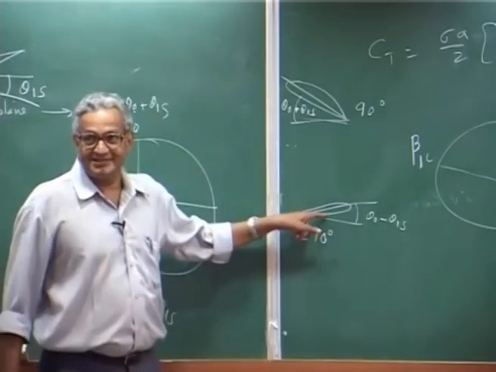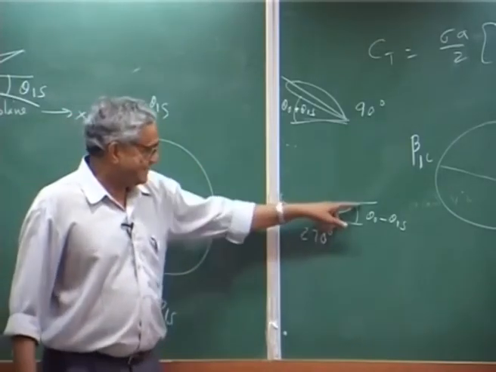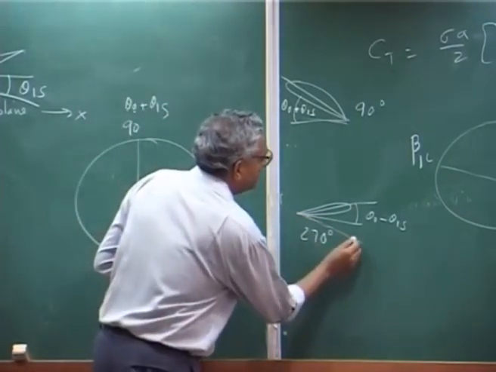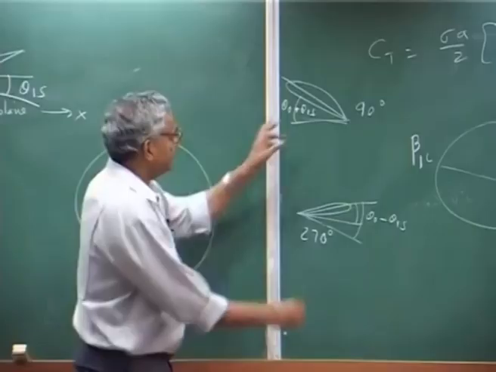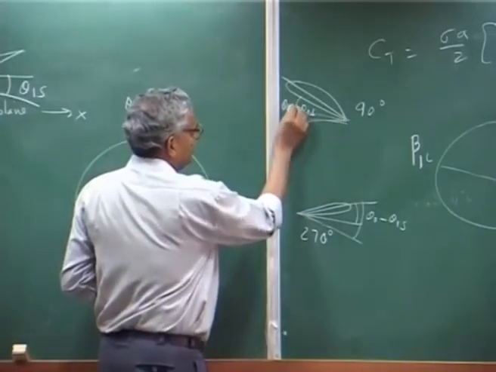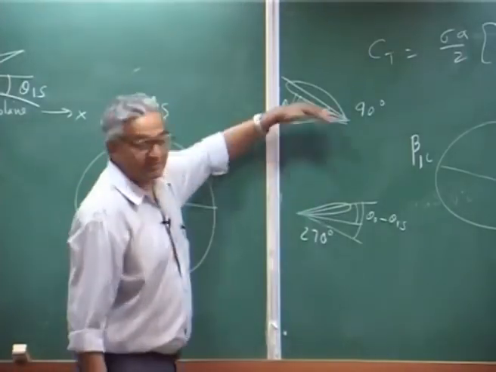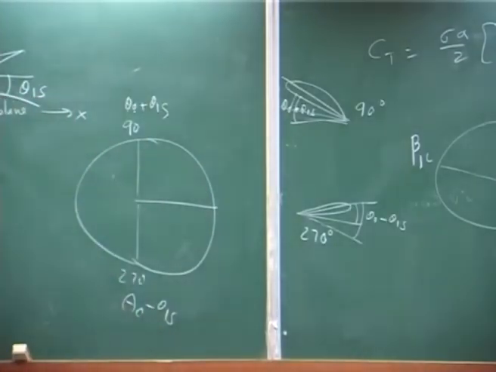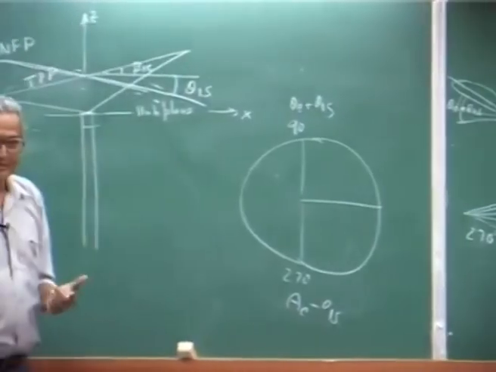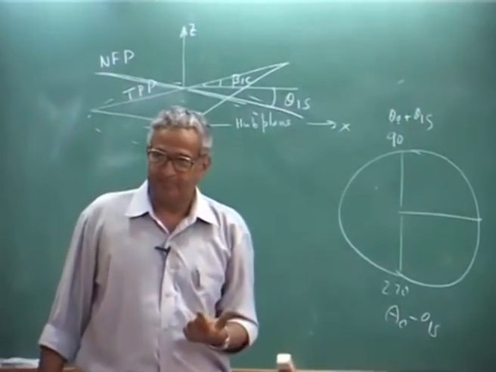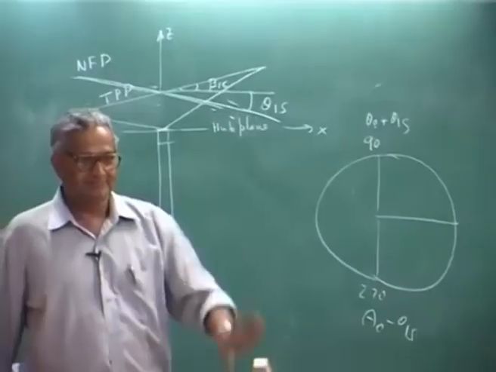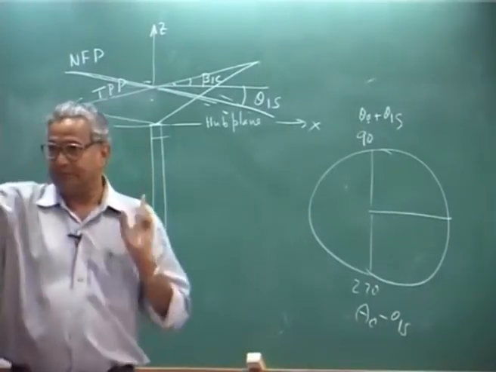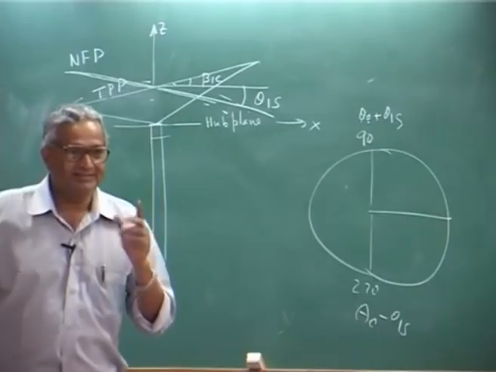This is less. I want this angle to increase, means the plane must come down. Here it should be. So, these two lines you join, that is that. Okay. That plane is this plane. So, in the no feathering plane, the pitch angle is constant. In the tip path plane, there is no flapping motion, all tip is going.